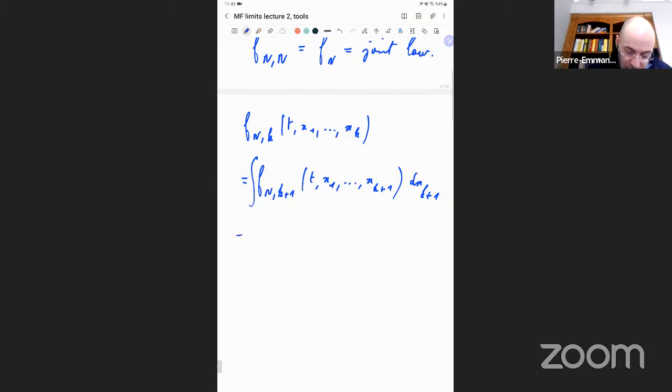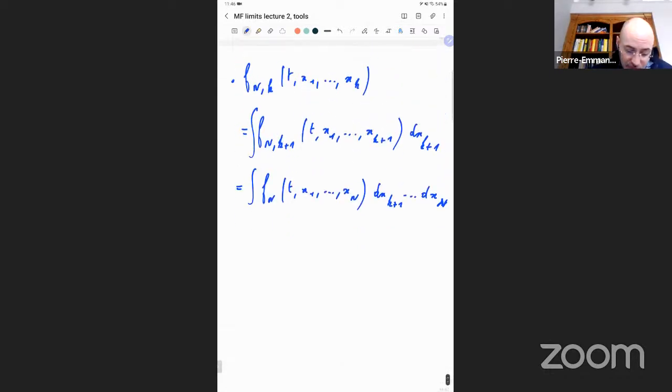So this is the integral of Fn, integrated with respect to the last n minus k variables. So those marginals or observables, if we knew the joint law of everything, we would know all of them.